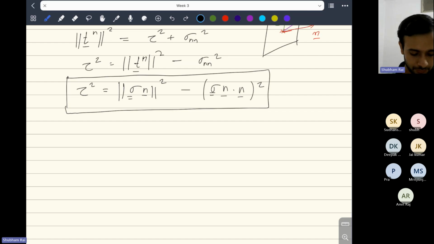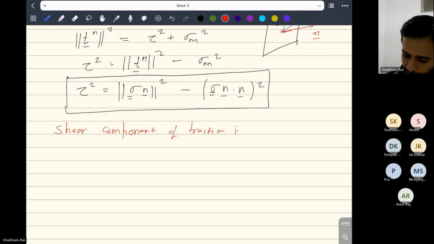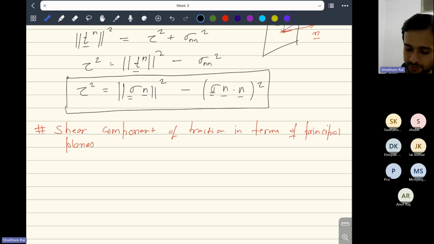Let me write one more thing: the shear component in terms of principal planes.